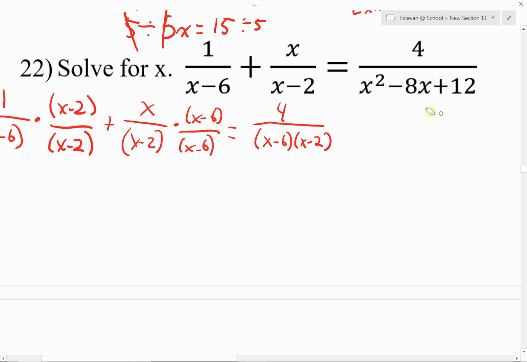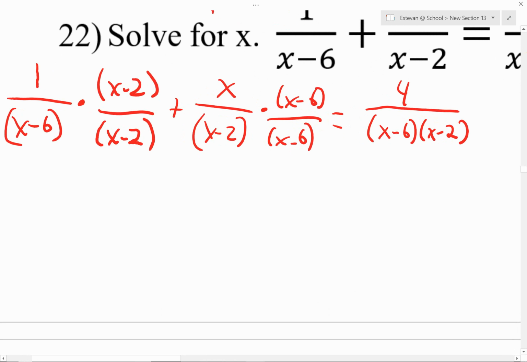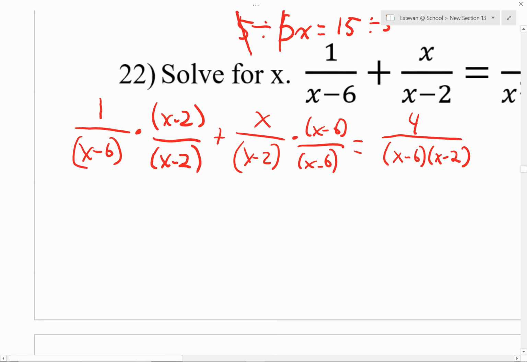Alright, erasing this right here. Then after this step, I will be looking for what x cannot equal. So x cannot equal, well, -6, so turn the opposite of that, that'll be 6.